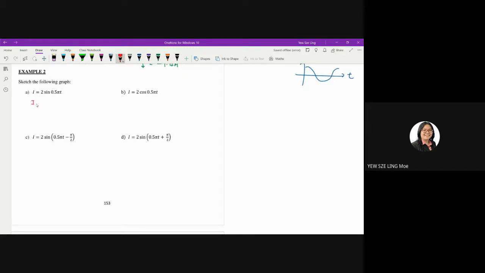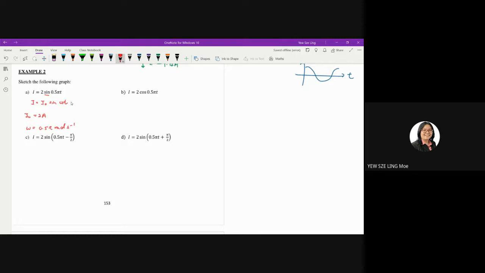So I equals I naught sine omega t. By comparison, I naught equals 2 ampere, and omega equals 0.5 pi radian per second.